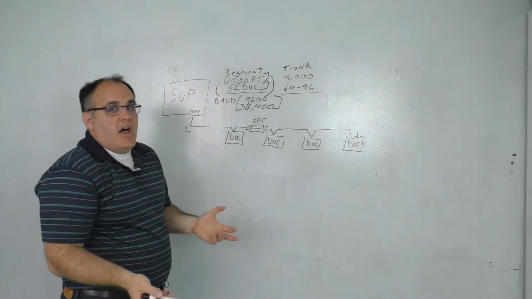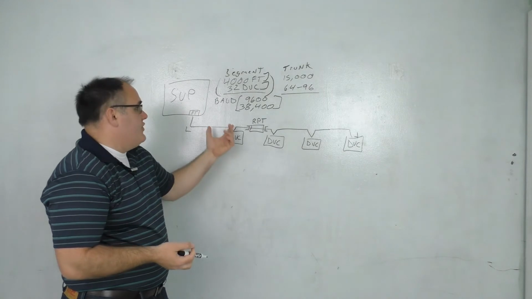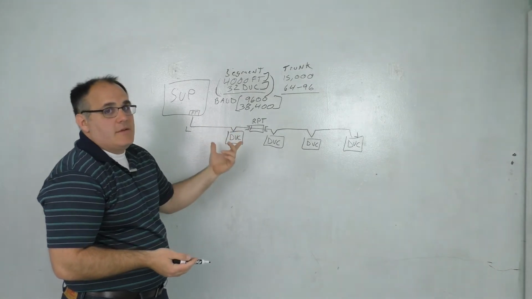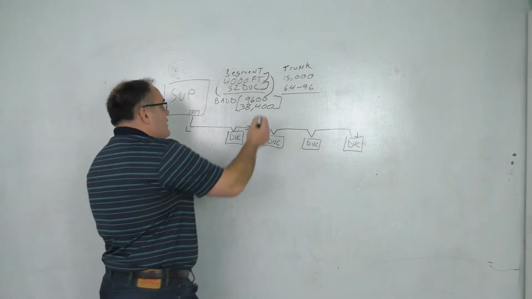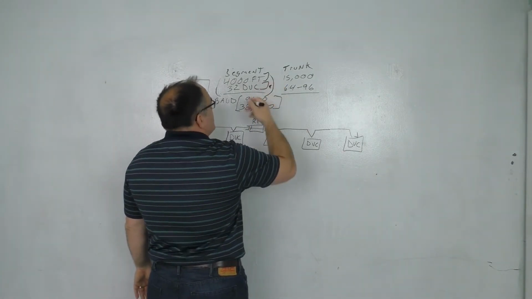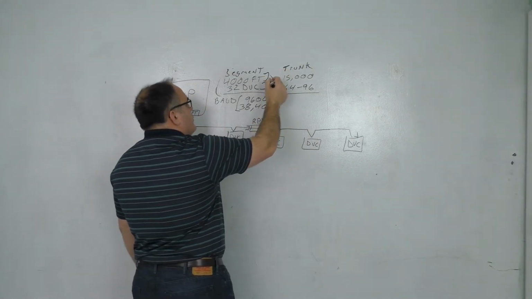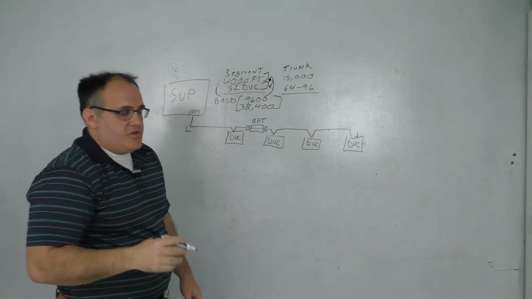Now you could do other baud rates, like 96.8 or 76.8, which is another common baud rate. But what's going to happen is, the higher the baud rate, the fewer devices, the shorter the run, the less distance you can get on your segments.